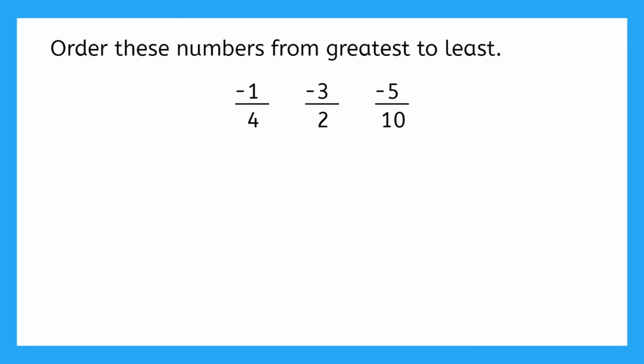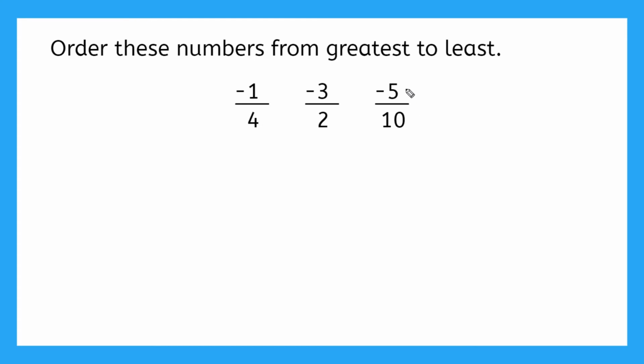Do you know another method for ordering fractions? Yeah, we can find a common denominator and then compare them. So let's start by simplifying all 3 of these fractions. Is negative 1/4 as simplified as it can be? Yep. How about negative 3/2? Yep, can't get any smaller. How about negative 5/10?